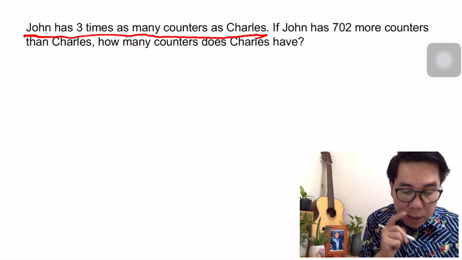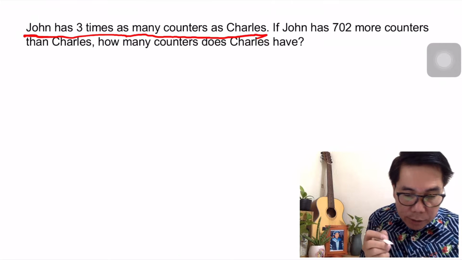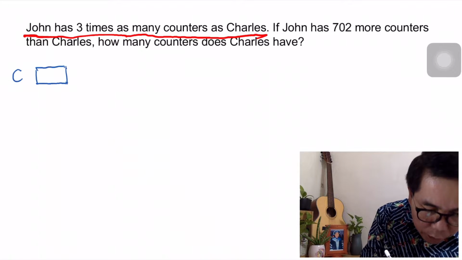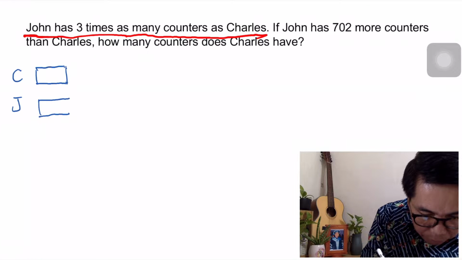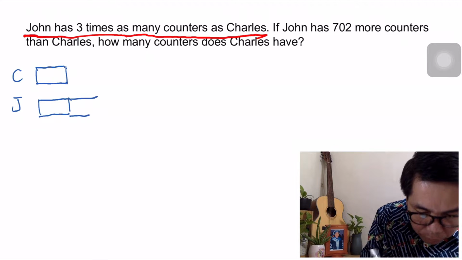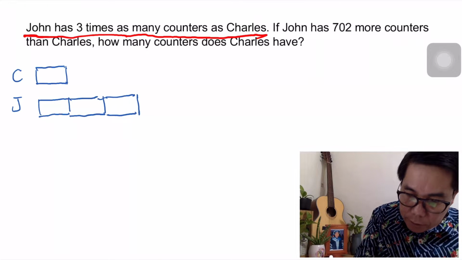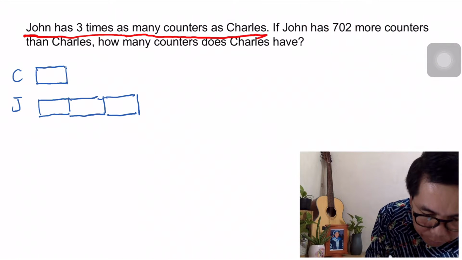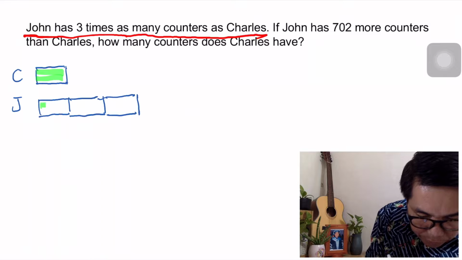So, John has more than Charles. So, for Charles, he has 1 unit or 1 bar. For John, 3 times that bar of Charles. So, 1, 2, 3. In other words, this one is as big as this.